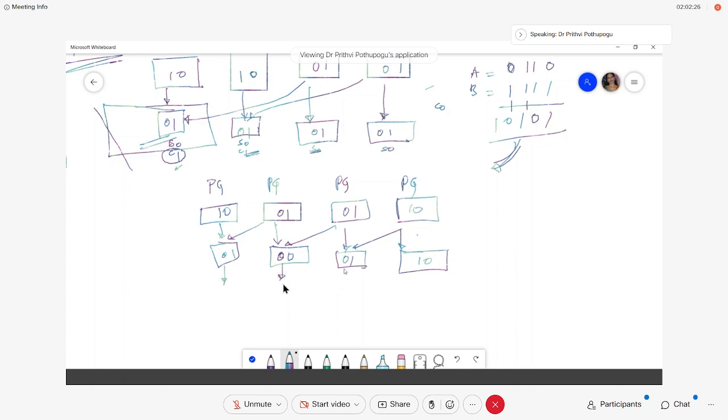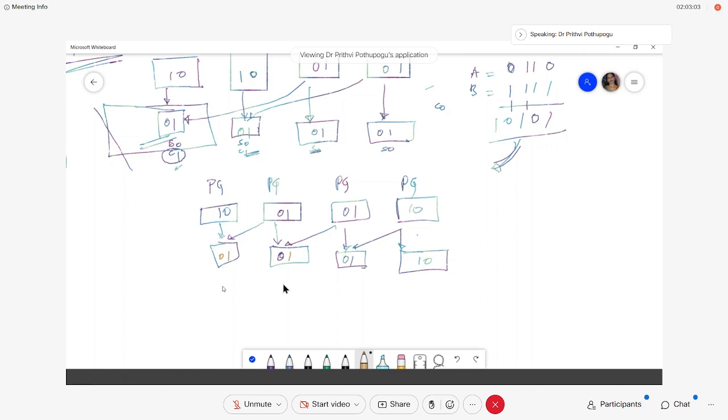The second one is also 0, 1. Only the last one is 1, 0. This one is 1, 0, and this is 0, 1. Is that correct? So this you are getting as 1, and this is 0, 1.